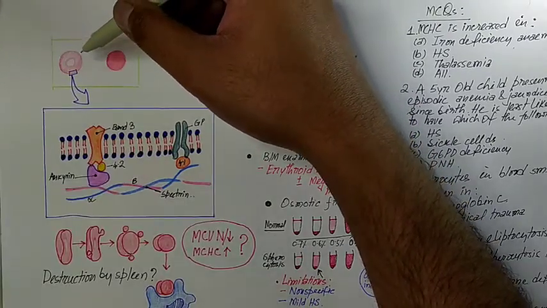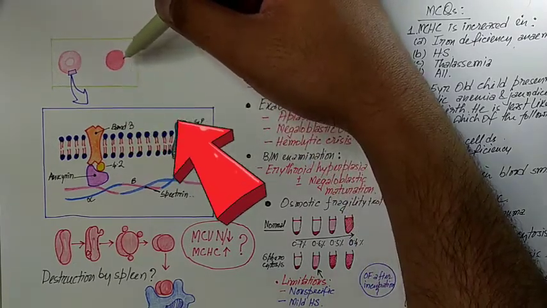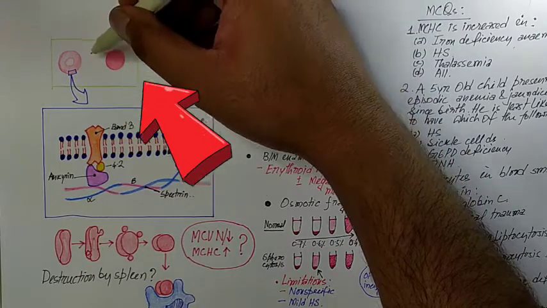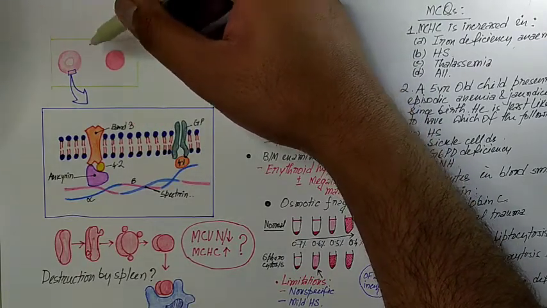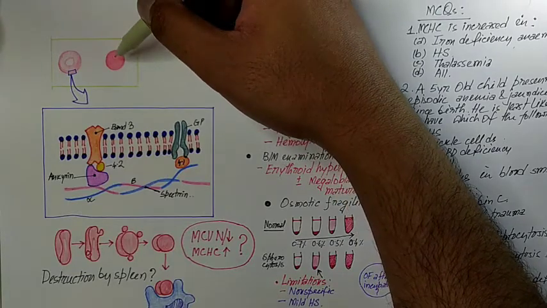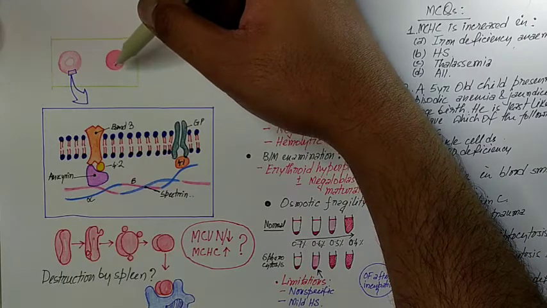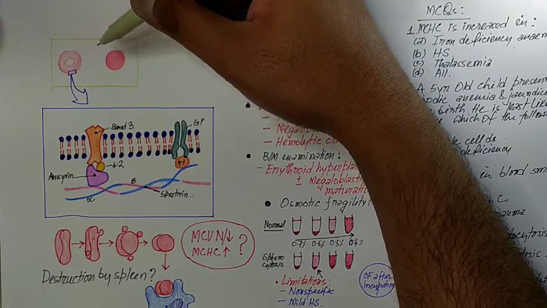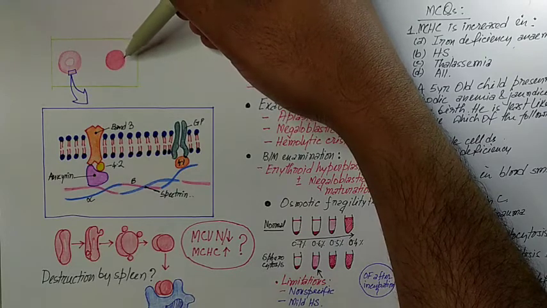But in case of hereditary spherocytosis, there is presence of spherocytes. Spherocytes are red cells which are slightly smaller than the normal RBC, and there is absence of any central pallor, and they are densely hemoglobinized. So this is a normal RBC and this is a spherocyte.